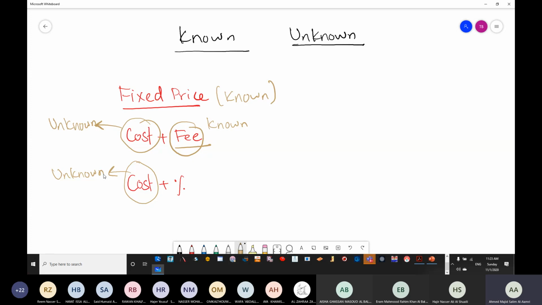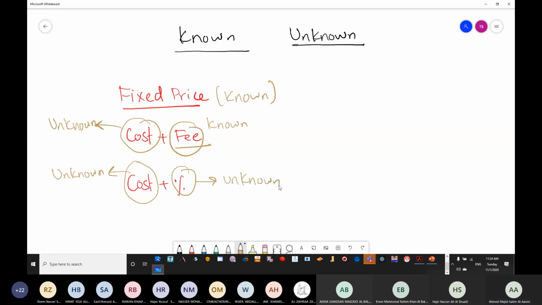Not the percentage itself, the value of the percentage. Does it depend on the actual cost? Is it changing or not changing? Changing. Since it's changing, it's going to be unknown. So this is going to be unknown.